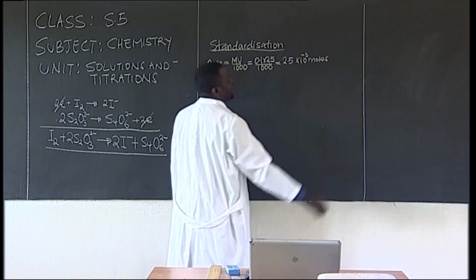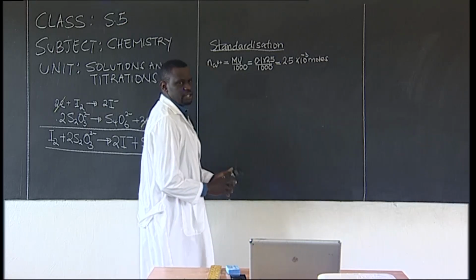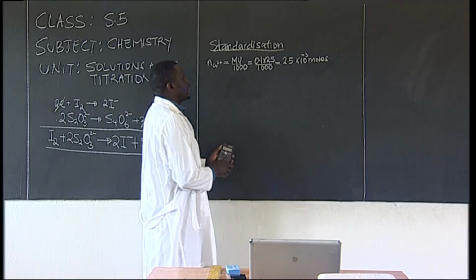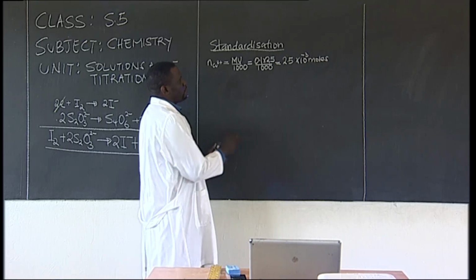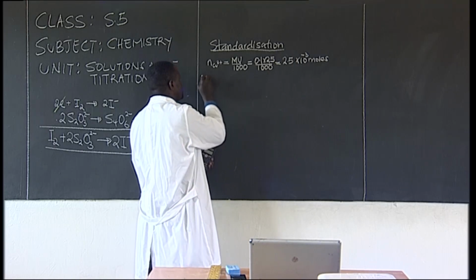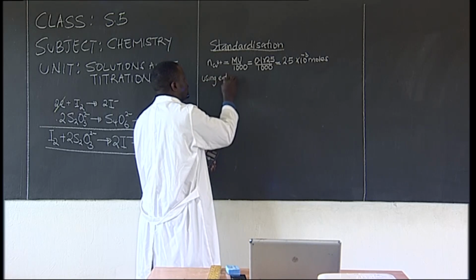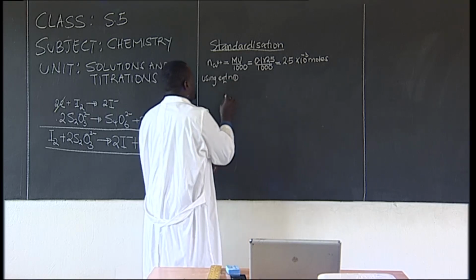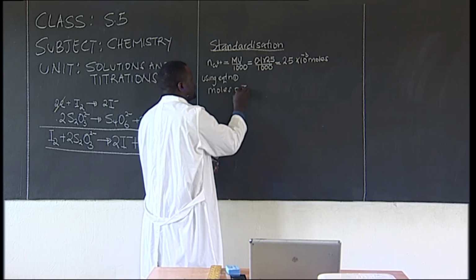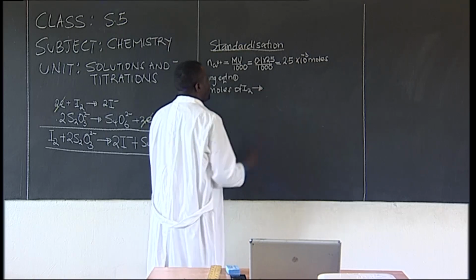Hope you have your calculators nearby. Our topic, as we have said, is all about calculation, so I have my calculator ready. Now we have moles of copper. Using equation 1, we can find the moles of iodine which has been produced by copper.